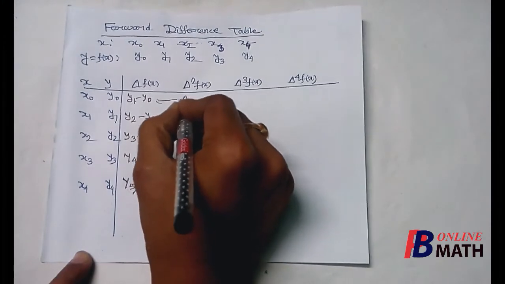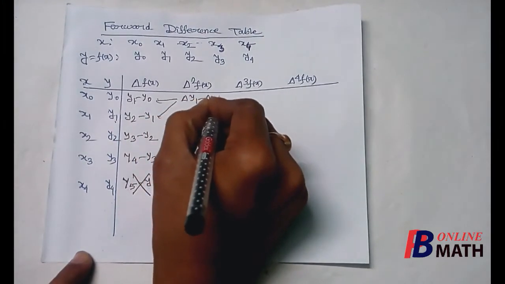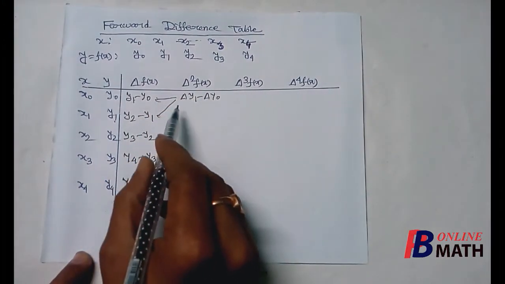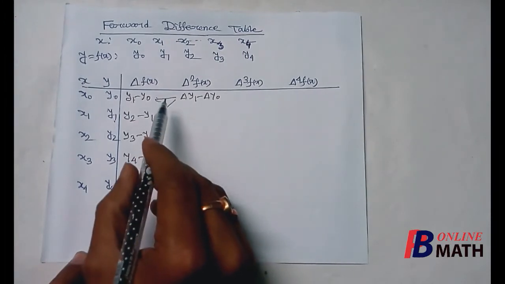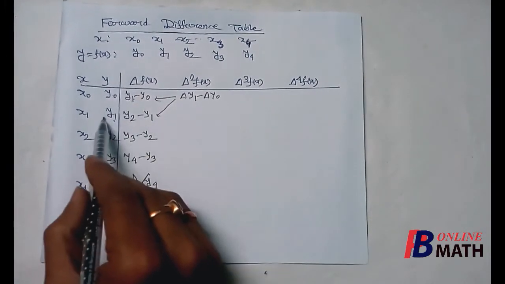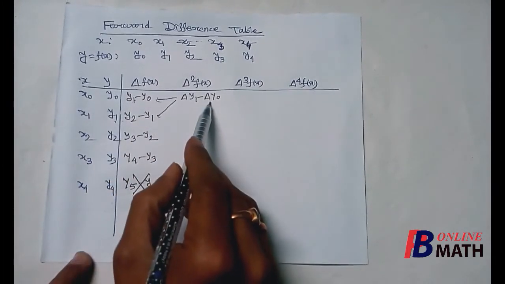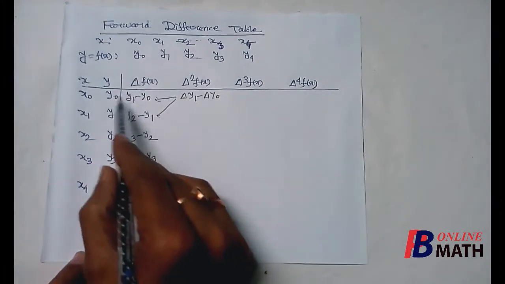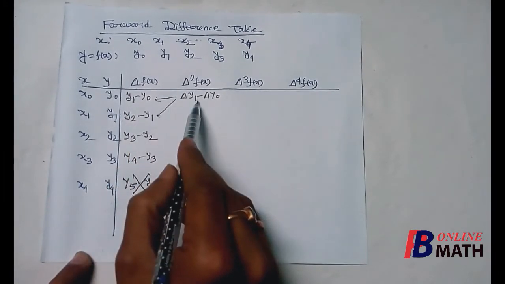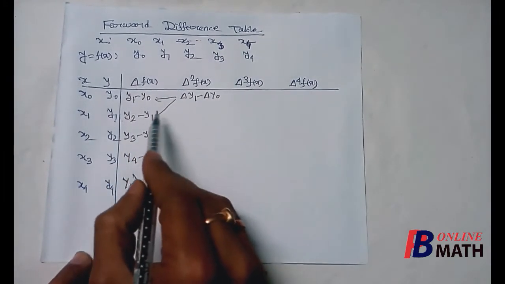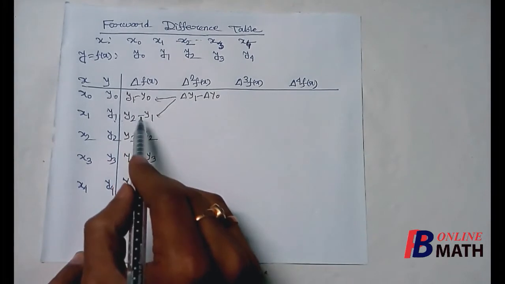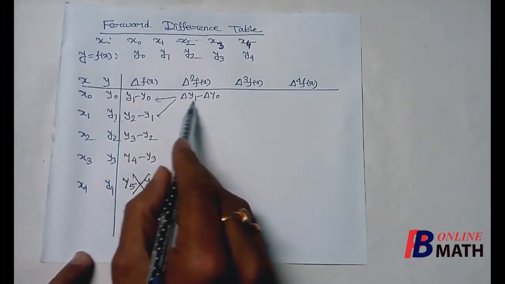It will be delta y1 minus delta y0. Now how to find delta y1? Now this is delta and this is y1, so this is delta y1. Now delta y0, so this is delta y0. So to compute this value, we need to subtract this value from this value.